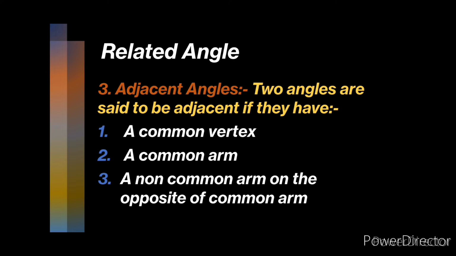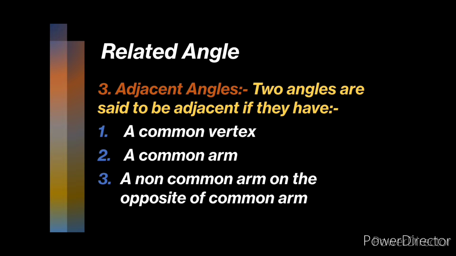Two angles are said to be adjacent if they have a common vertex, a common point from which the angles arise, and a common arm. One should be a common arm and the others should be non-common arms, but the non-common arms should lie on the opposite sides of the common arm.